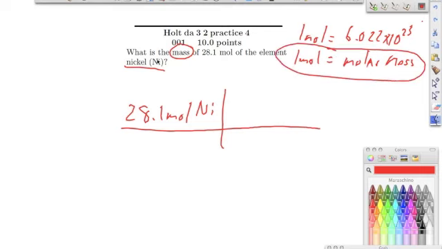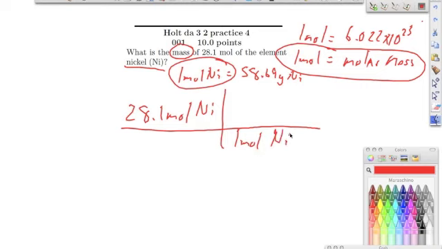In this case, it's just the element nickel, so we know that it's going to be the atomic mass on the periodic table. So we know that 1 mole of nickel will equal its atomic mass, which we get as 58.69 grams of nickel equals 1 mole. Well, since mole is on the top, we put the mole on the bottom. So we put 1 mole of nickel on the bottom, and we put 58.69 grams of nickel on the top.